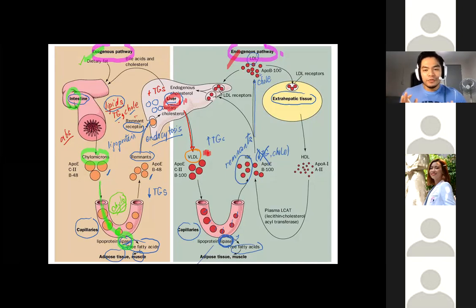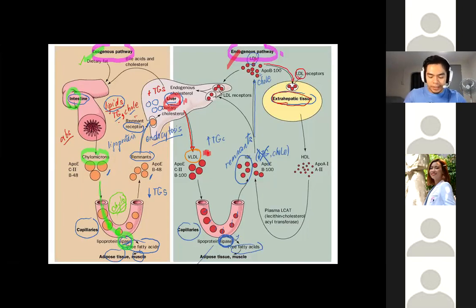Okay? Now, focus tayo sa LDL. Anong sabi ko sa LDL? Ano ang journey ng cholesterol through LDL? Palayo o palapit ng tissues? That's right. So palapit ng tissues kapag LDL. That's why makikita natin ang LDL, it can now reach the different extrahepatic tissues via LDL receptors.